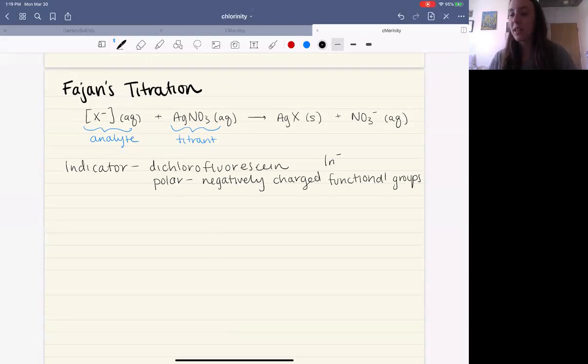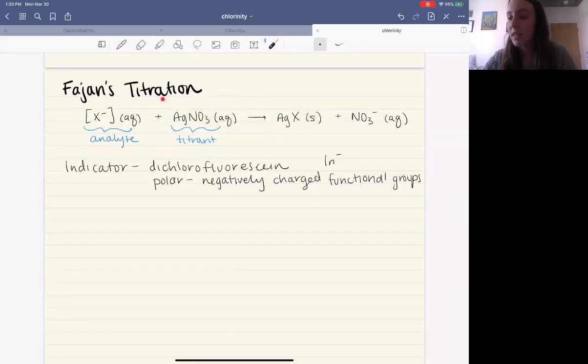So let's think at the very beginning, you have a solution of seawater. There's a bunch of chloride in there. And you add your first drop of titrant. You add your first drop of AgNO3, and it's immediately going to react with any halide ions in there and form a precipitate of AgX.